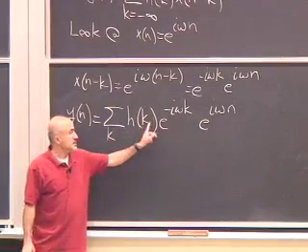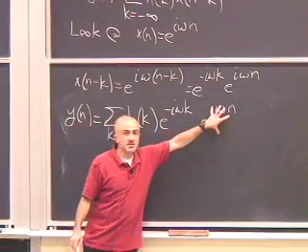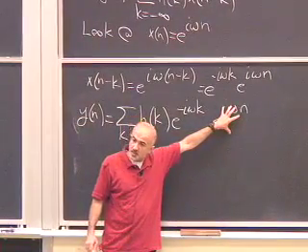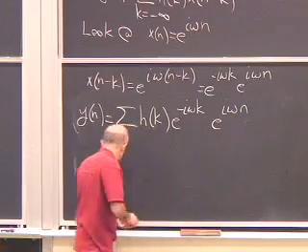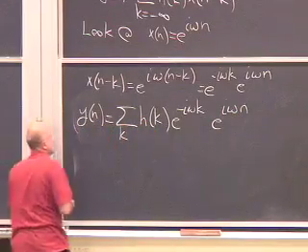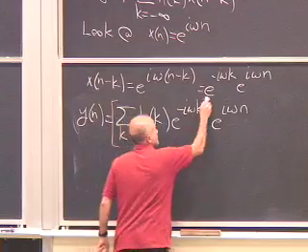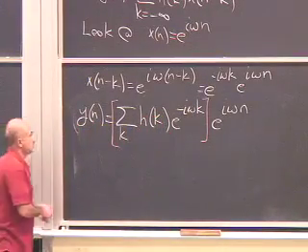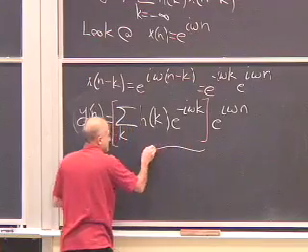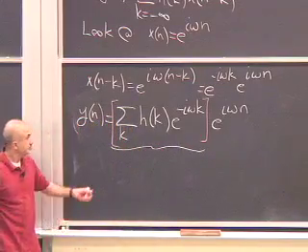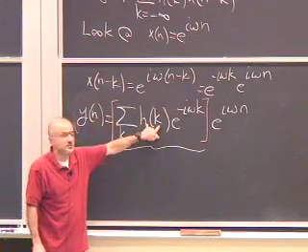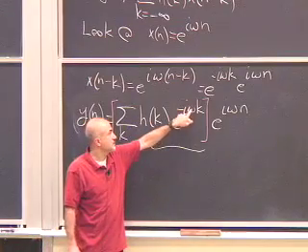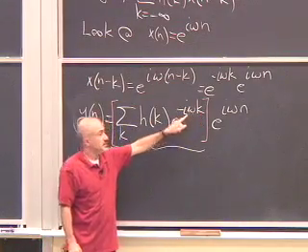The summation is over k. This complex exponential has no dependence on k. So I can pull it out of the summation. That's what we did. And when you look at this box here, you have something that's a function of k times something that's a function of omega and k.